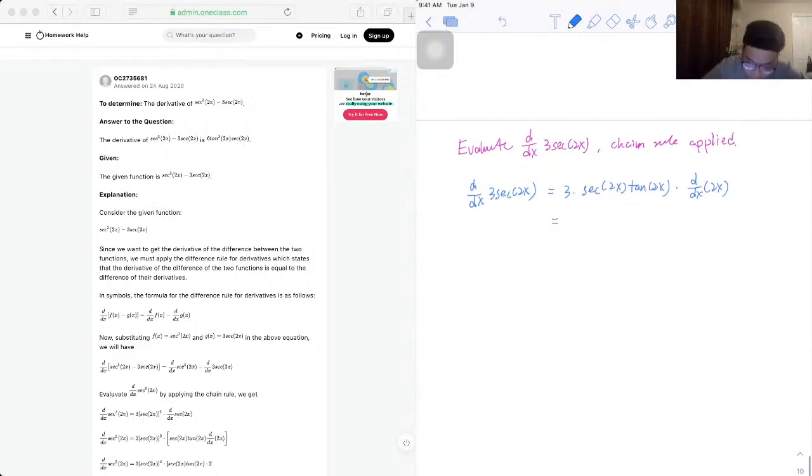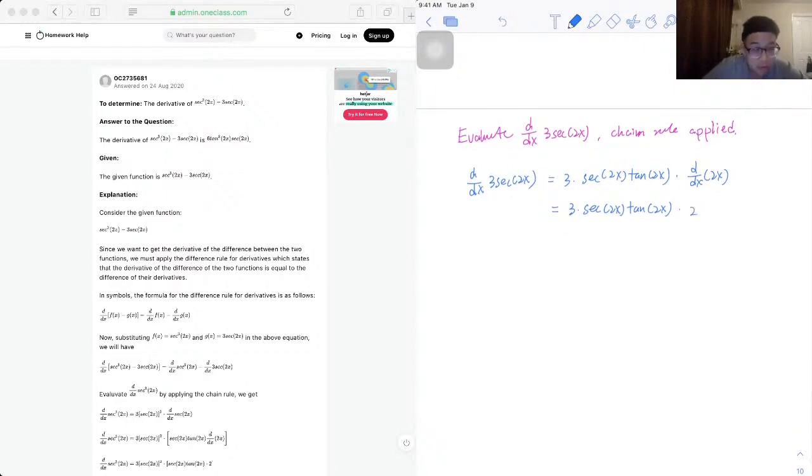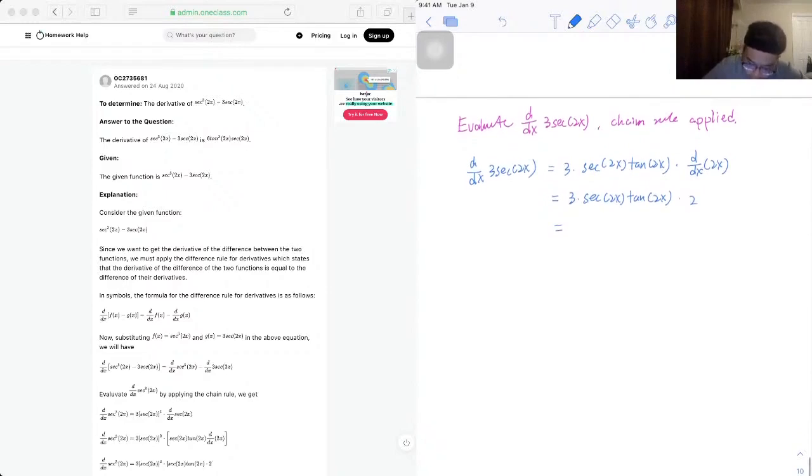And then this is also equal to 3 times secant 2x tangent 2x, and the derivative of 2x is just going to be 2. So by simplifying this, we will get 6 times secant 2x tangent 2x.